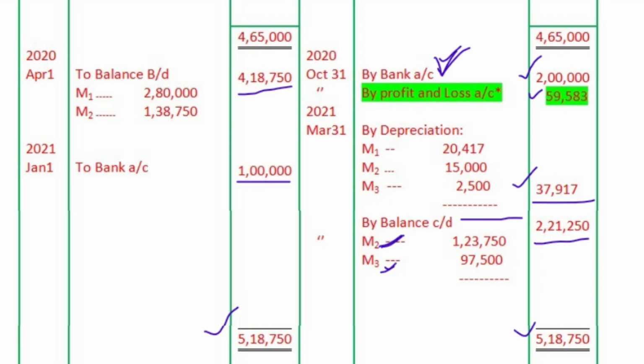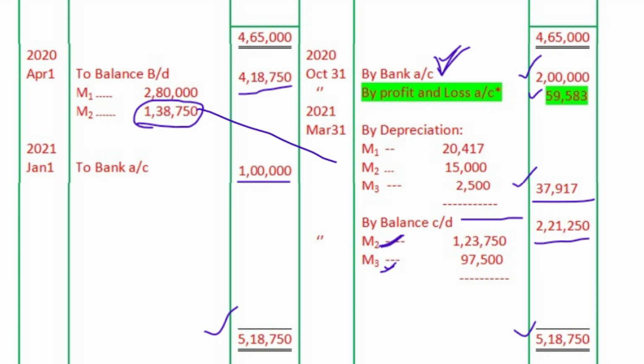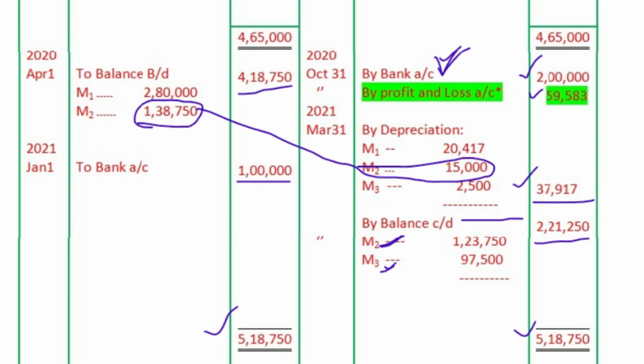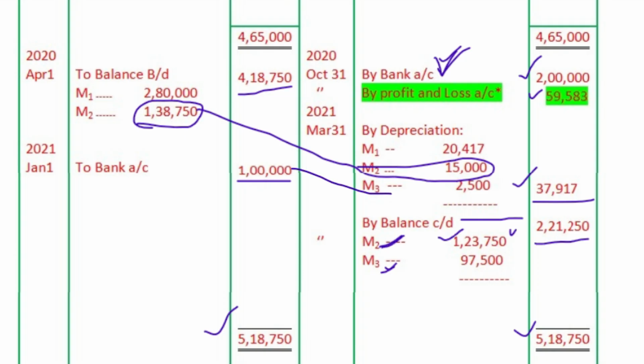The second machinery: 1,38,750 minus second machinery depreciation 15,000, so the balance you will get is 1,23,750. And the third machinery, 1 lakh minus 2,500, balance 97,500. The first machinery is completely sold out.